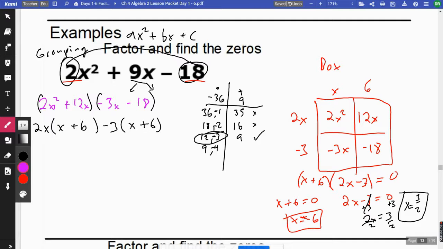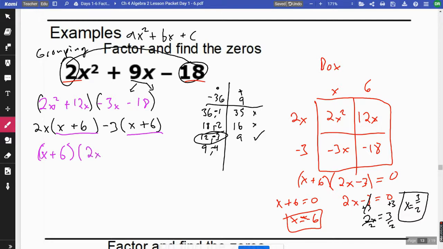So let's give it some writing here. Since they both have this in common, I can take that out as a greatest common factor. Because this whole term has an x plus 6, this whole term has an x plus 6. So if I take that out, x plus 6, I take it out front, and it's now divided out of both of these terms. So all that's left over is 2x minus 3.